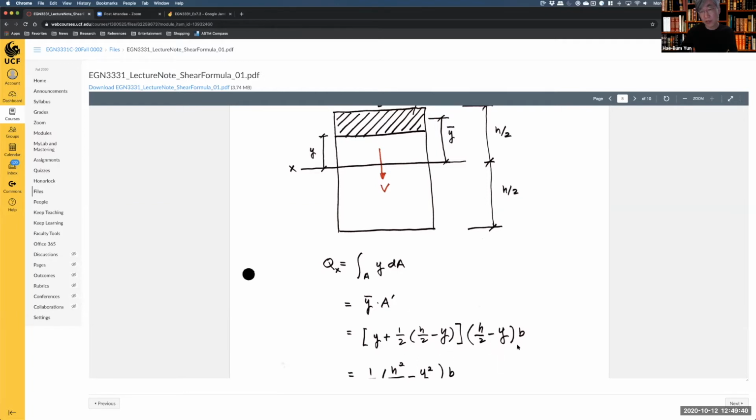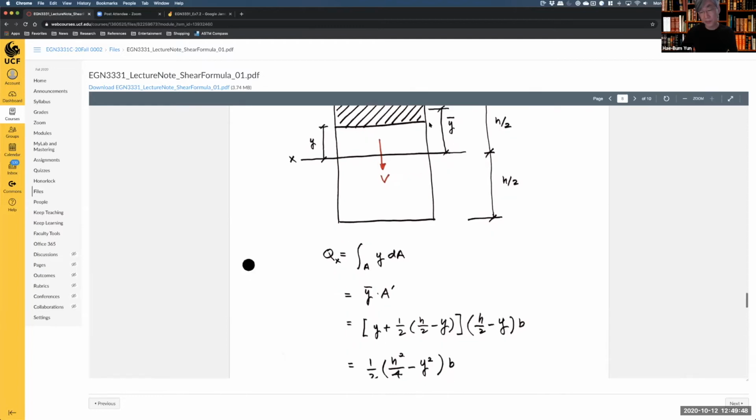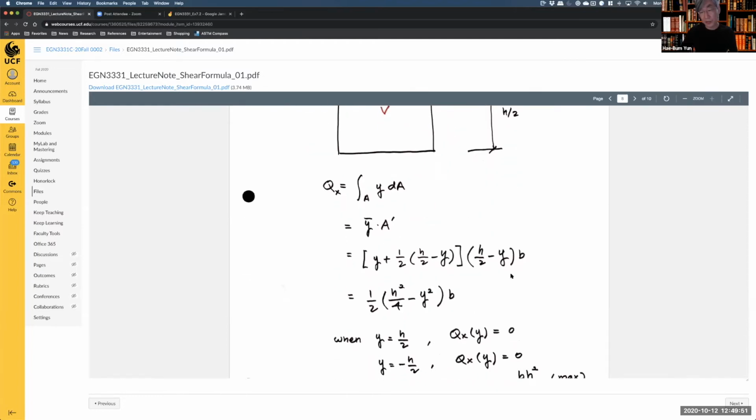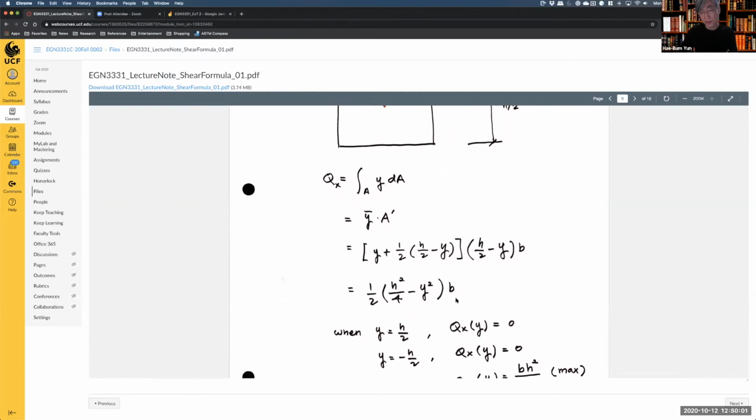And A is (H over 2 minus Y) times width B. Then we can simplify this: 1 over 2 and this term times B. So this is a function of Y, right?